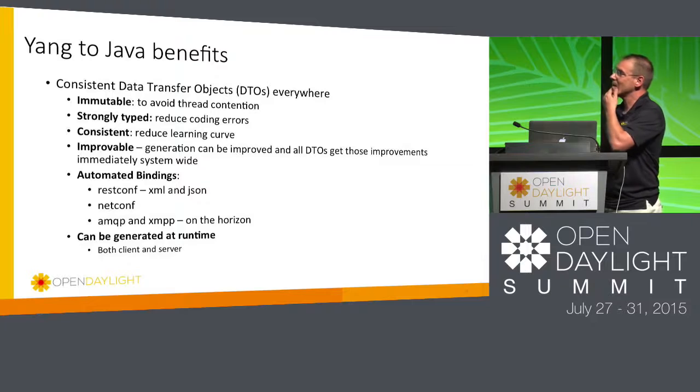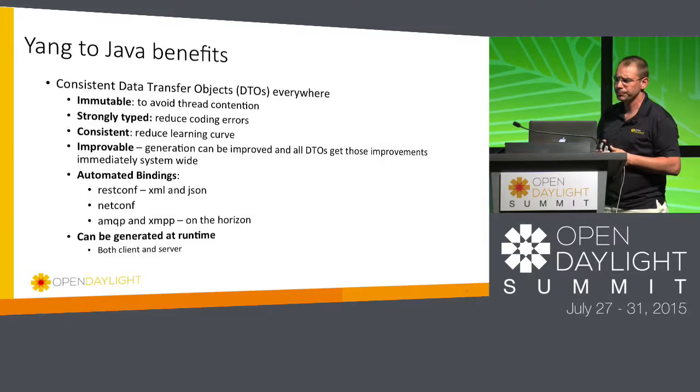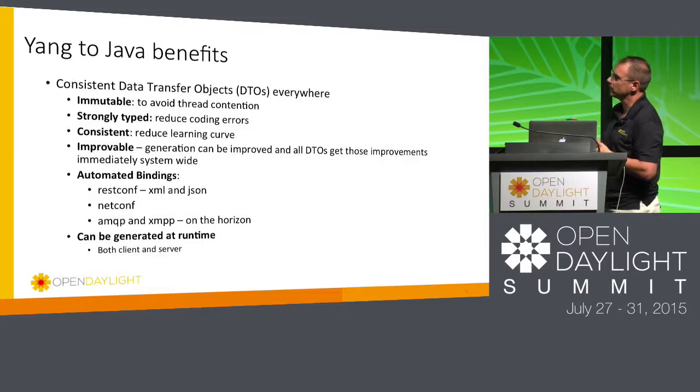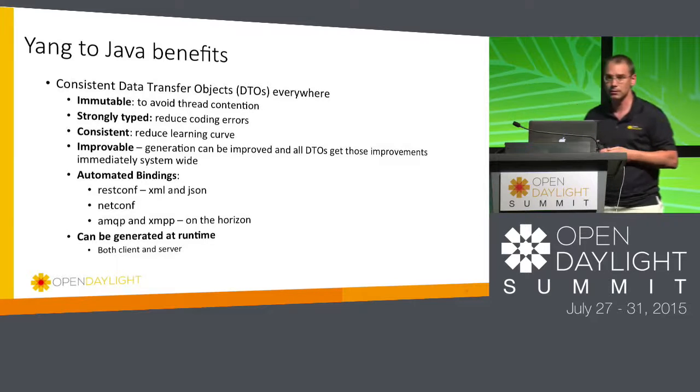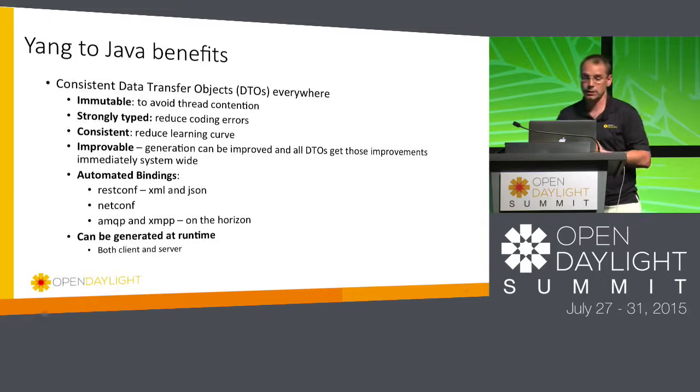So the Yang to Java is cool because it's got these properties, right? It's consistent. There's a consistent translation. And it handles certain things for you automatically, right? And this is stuff that's generated now.